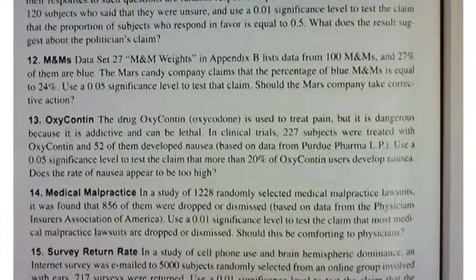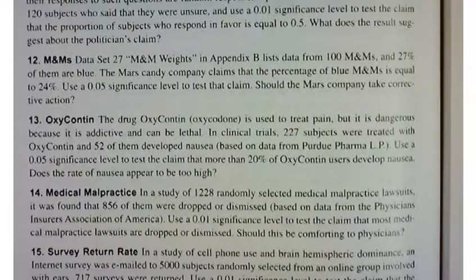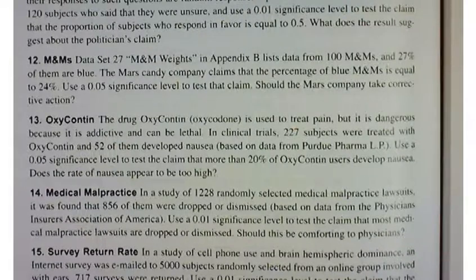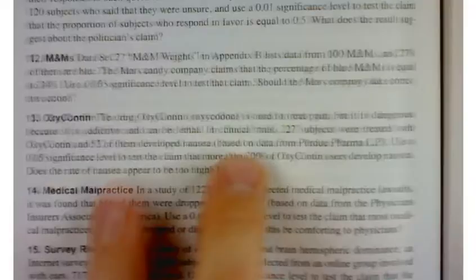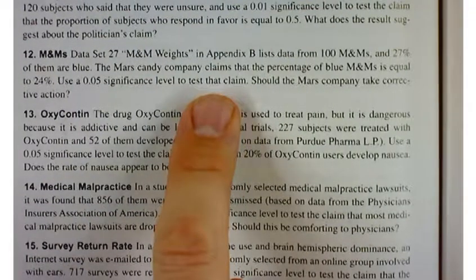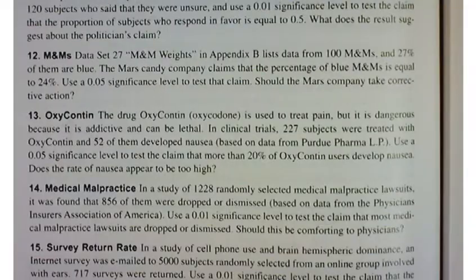I want you to kind of lead the way on this one. Where should I start? Come on, there's a chance we can get out early. Let's go. Chop, chop. All right, claim or the assumptions, both of them are good. So let's start by writing down the claim first. What's the claim that we're going to test?